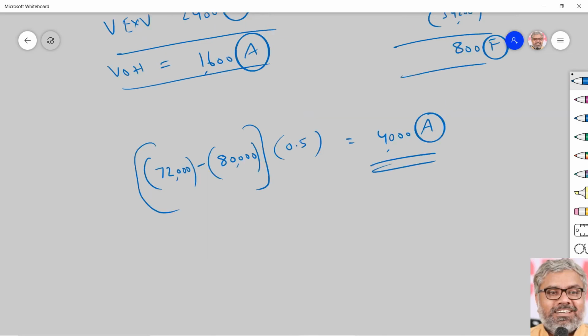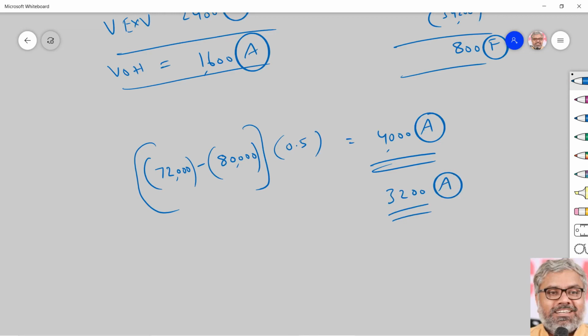When the total profit variance is 7,200 and profit variance due to volume is 4,000 adverse, the remaining will be around 3,200 adverse. And why this would have happened is because of change in the sales price.